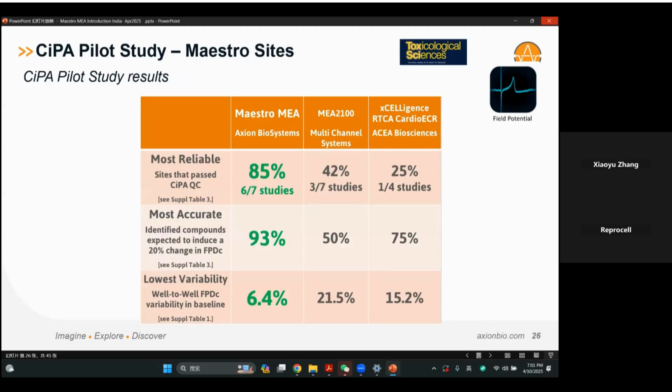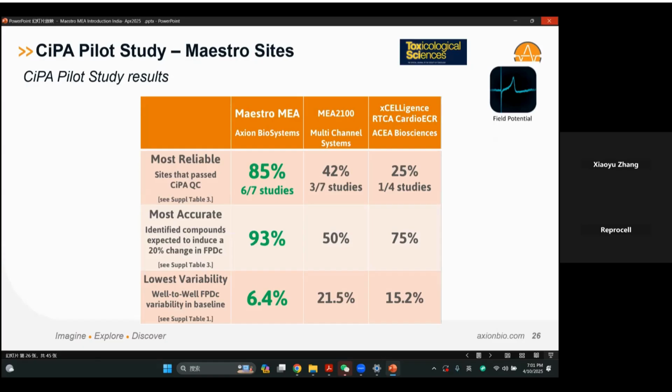And here is the summary of the data of the pilot studies. The data demonstrated high reliability across replicate sites and cell types, while accurately measuring changes in depolarization and repolarization, and detecting arrhythmias.